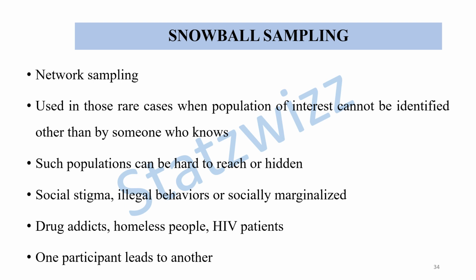If I want to conduct a study, most of the students will feel very awkward to come and say themselves that they are smoking. So what I can do is identify one student who is smoking, and he will say, sir, that person is also smoking, so I will go and include them in the study. Rather than people themselves accepting and coming to get enrolled in our study, we need to find them based on the lead given by the first person.